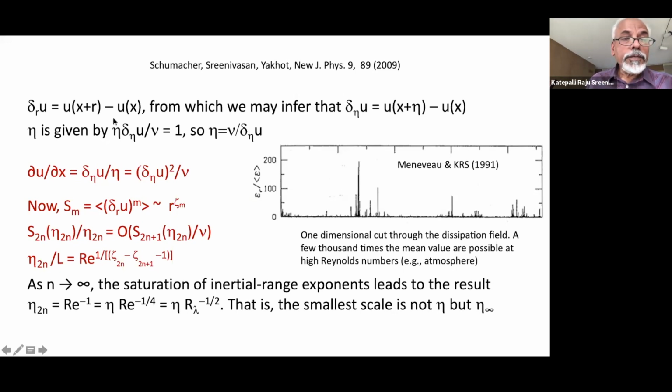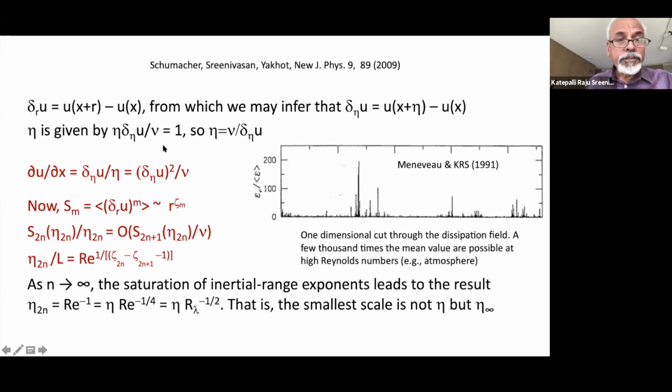Now, if you are looking at the velocity difference, which is the quantity of interest here, you can push it all the way to eta, which is the scale that is a crossover between the analytic dissipation region and the singular region for the inertial range. Now, let's assume you can do that.